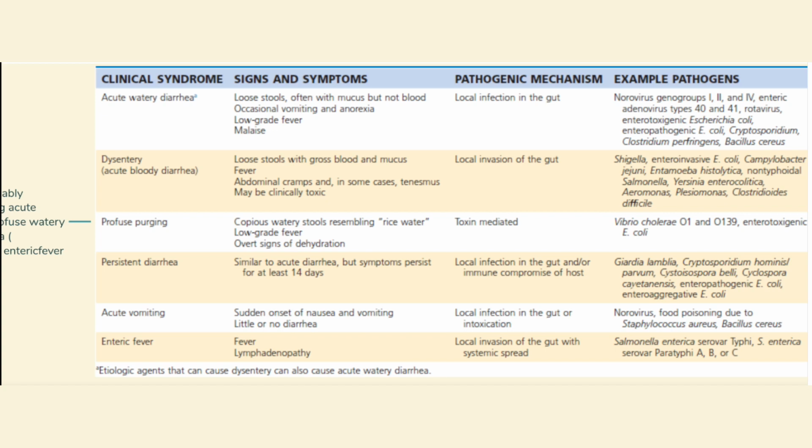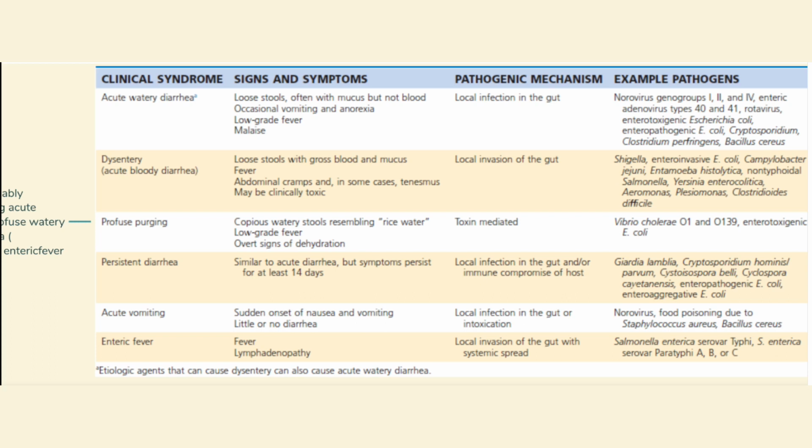Syndrome number 2 is dysentery, or acute bloody diarrhea. We will have loose stool with gross blood and mucus. We will have fever, which is not low grade. We will have abdominal cramps. It might have tenesmus. And the patient will be clinically toxic, not only malaise. The pathogenic mechanism is local invasion. The invasion will give us the extra signs and will give us the clinical syndrome of dysentery.